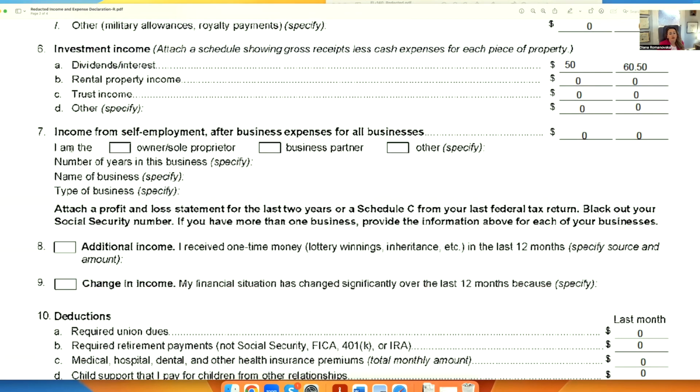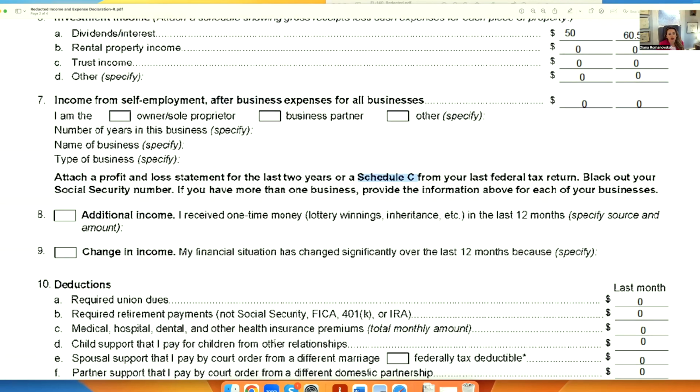Self-employment income, that's a separate income. Just make sure it's after business expenses for all businesses. After, meaning it's not gross, you deduct all expenses. So very important. And if you do that, make sure to attach Schedule C from your tax return.